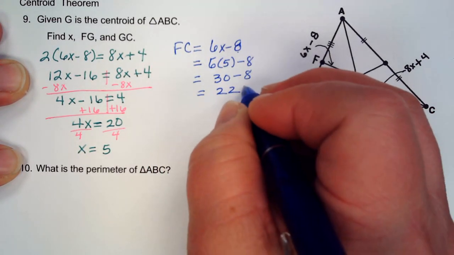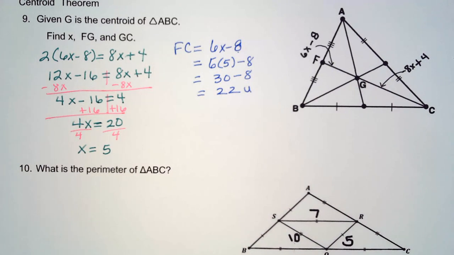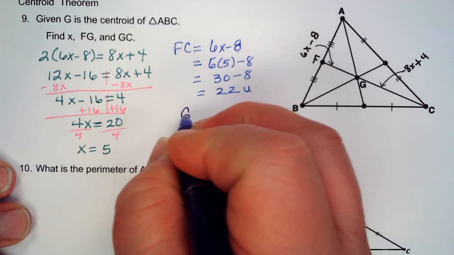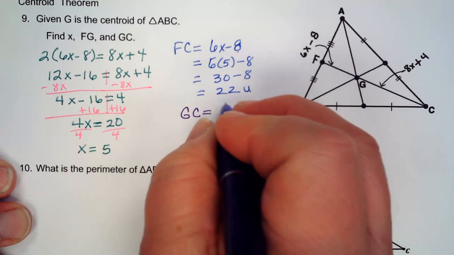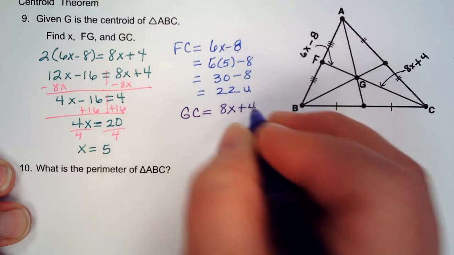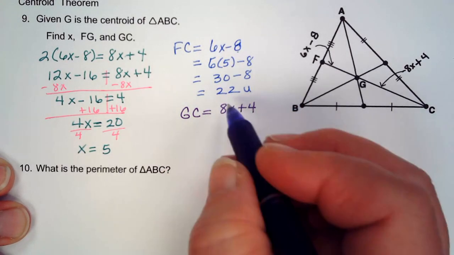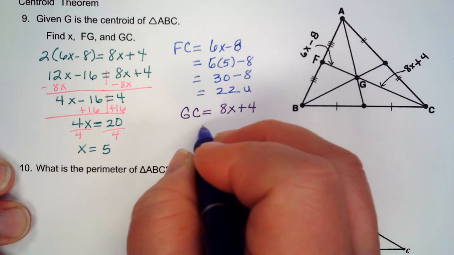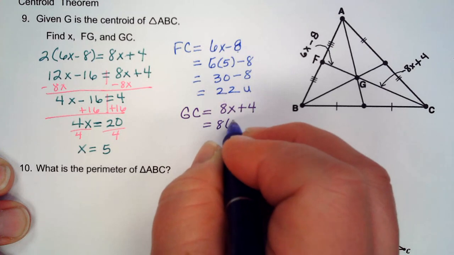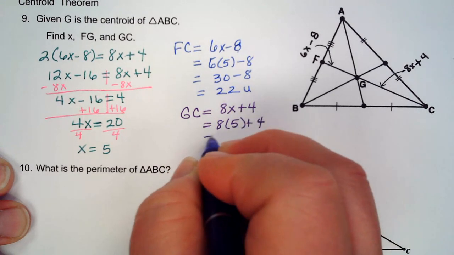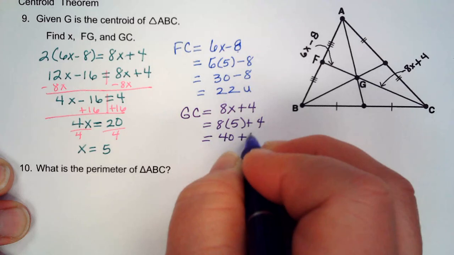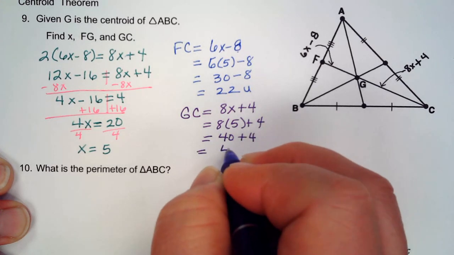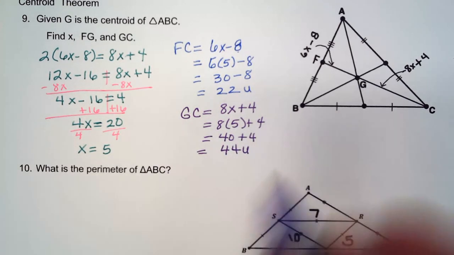And that will be units. We don't know what units we're in. Now for GC, it is 8x plus 4. We could actually just multiply FG by 2 and we would get the same thing. So this is 8 times 5 plus 4, 40 plus 4, which gives me 44 units.